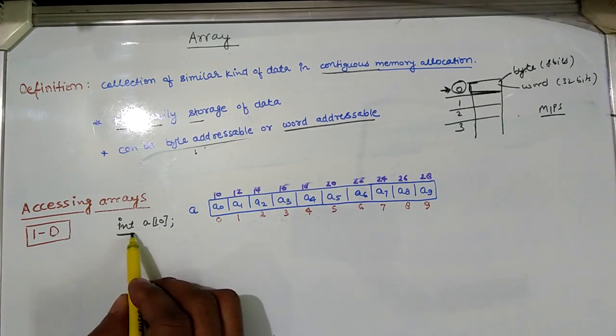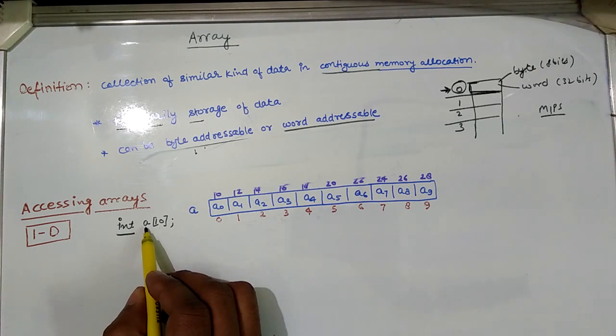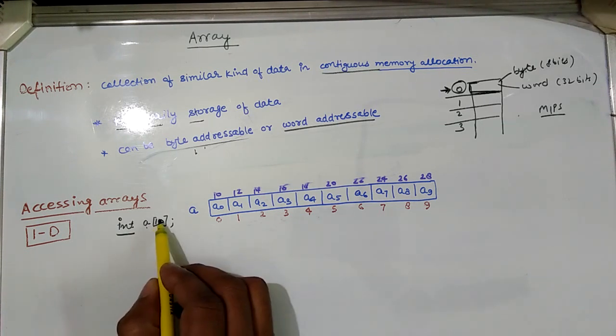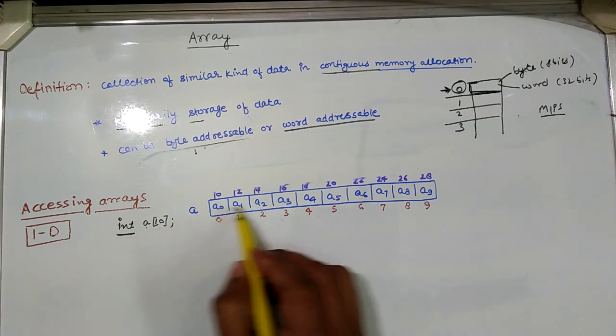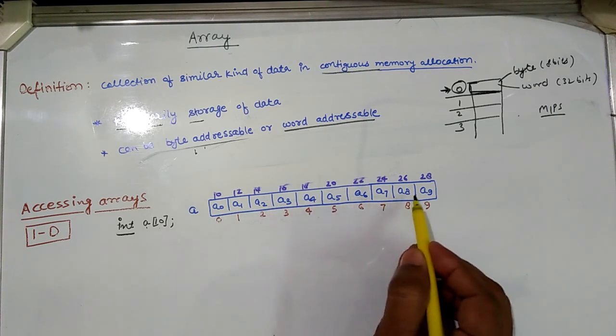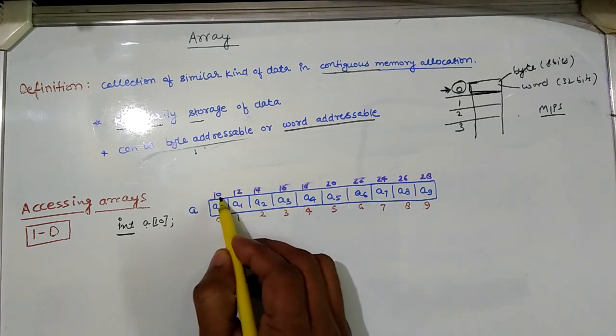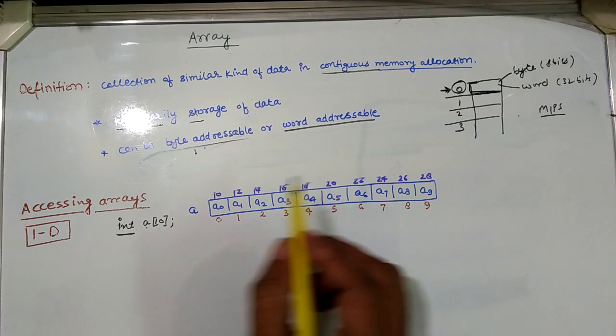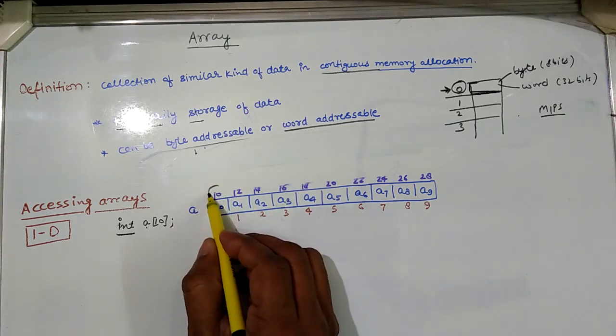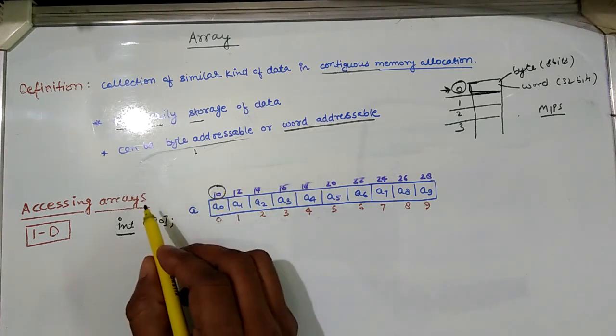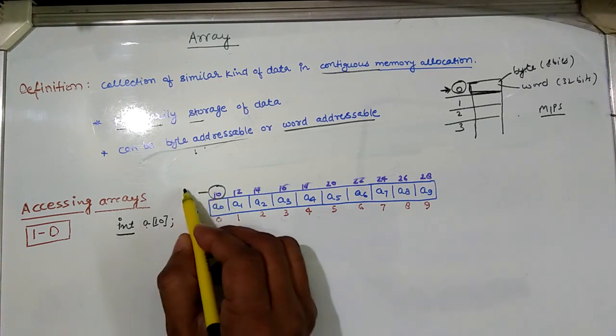We declare the data type, then we write the array name, then the size of the array. This will allocate 10 contiguous memory locations with some addresses, and the first address of this contiguous memory location is called the base address.